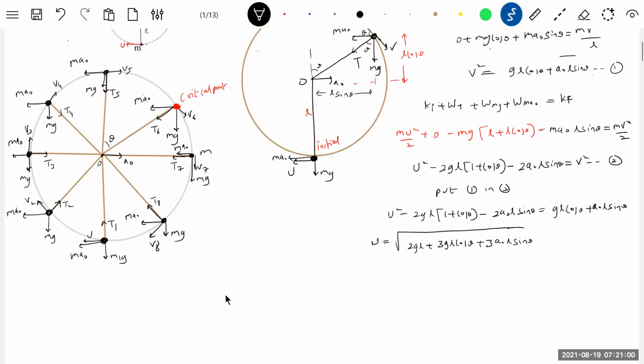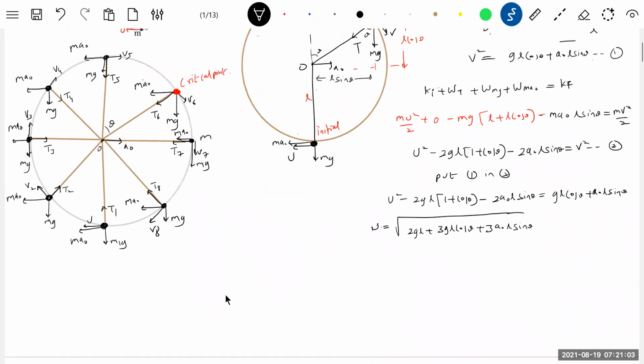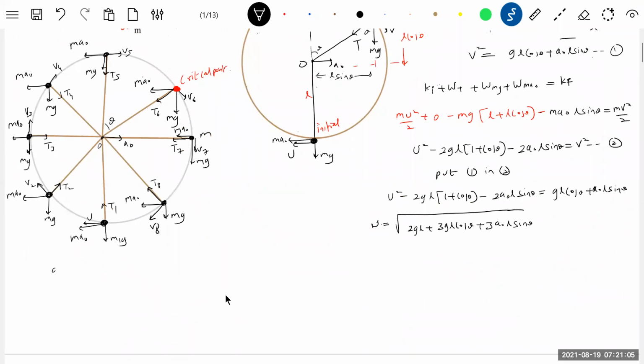Differentiating with respect to theta, du by d theta. I think it is a very lengthy equation. Okay, let me try. This will be 2, and the derivative of that quantity 2gl will be zero since it is a constant, so minus 3gl sine theta plus 3a naught l cos theta.